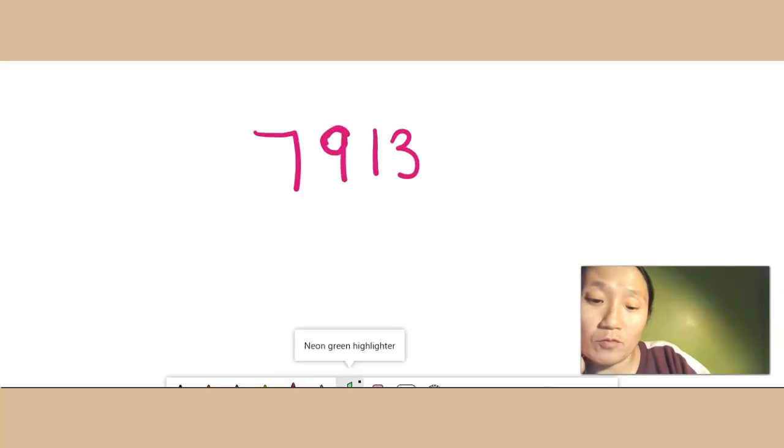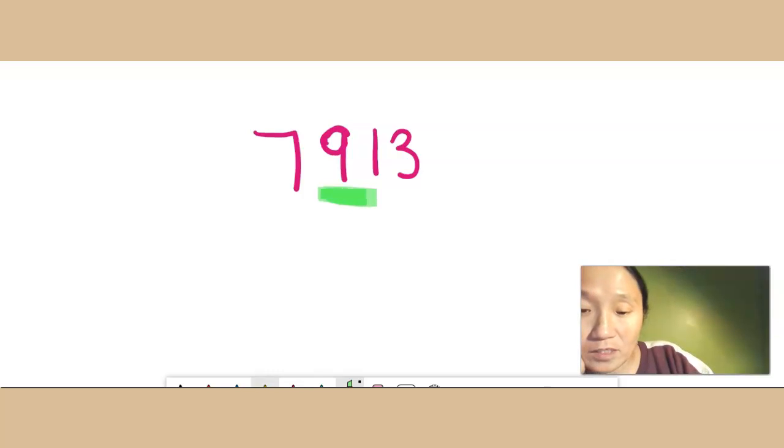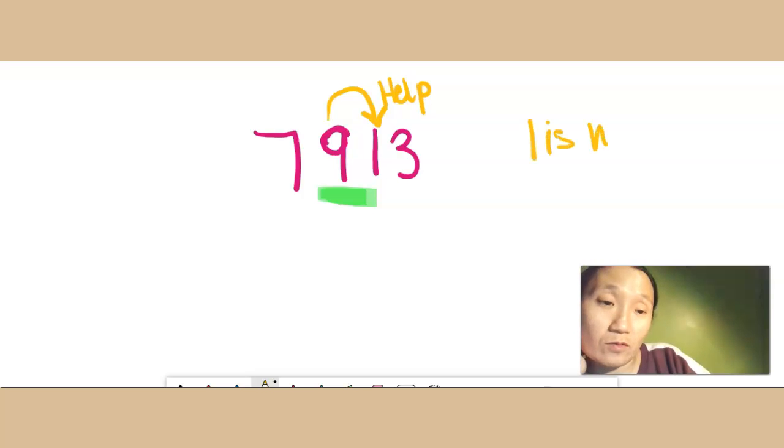Writing a new number. And the number we're going to round is this guy. All right. So we look at it, and 9 asks 1 for help. Now remember, 1 is weak. Weak cannot help push 9 to a bigger number.